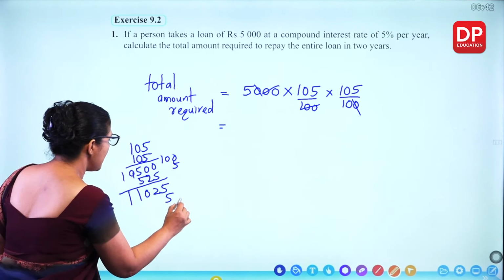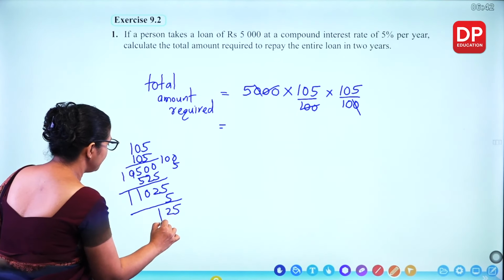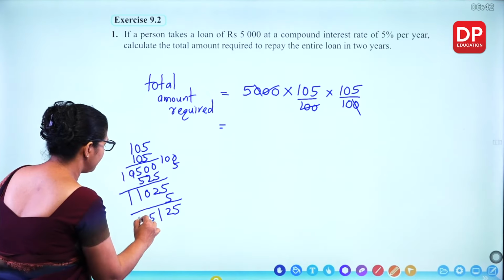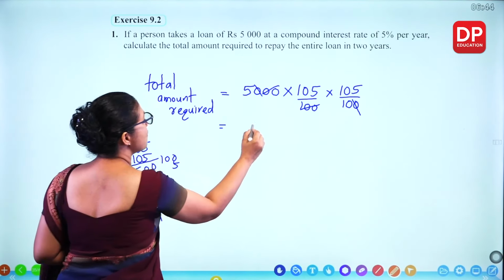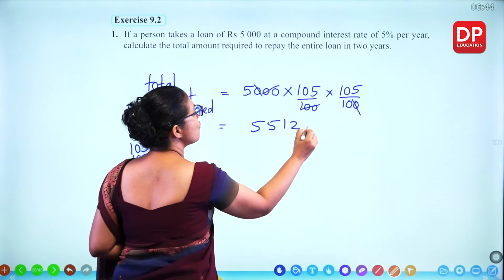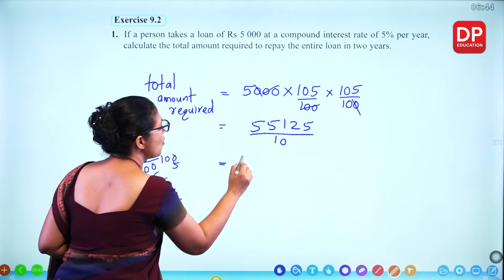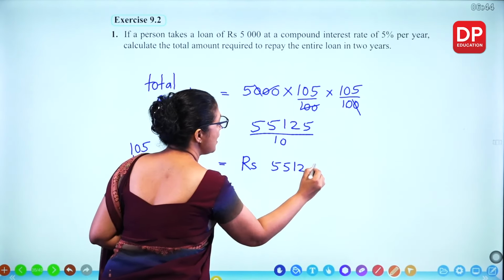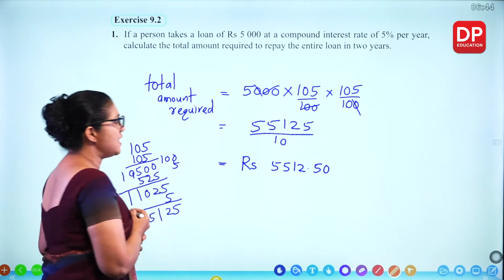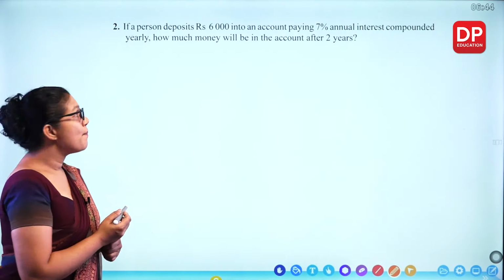Multiply by 5. 55,125. Divide this by 10. You get the total amount is 5,512 and 50 cents.